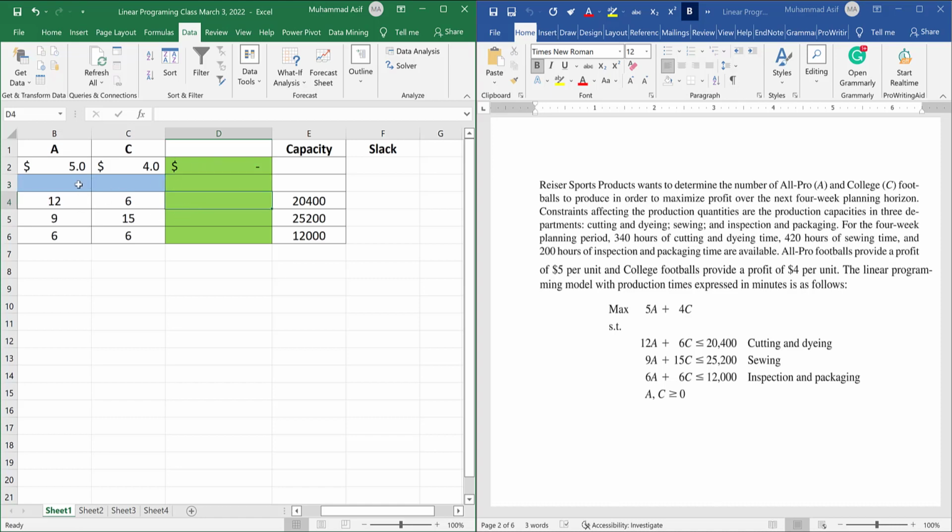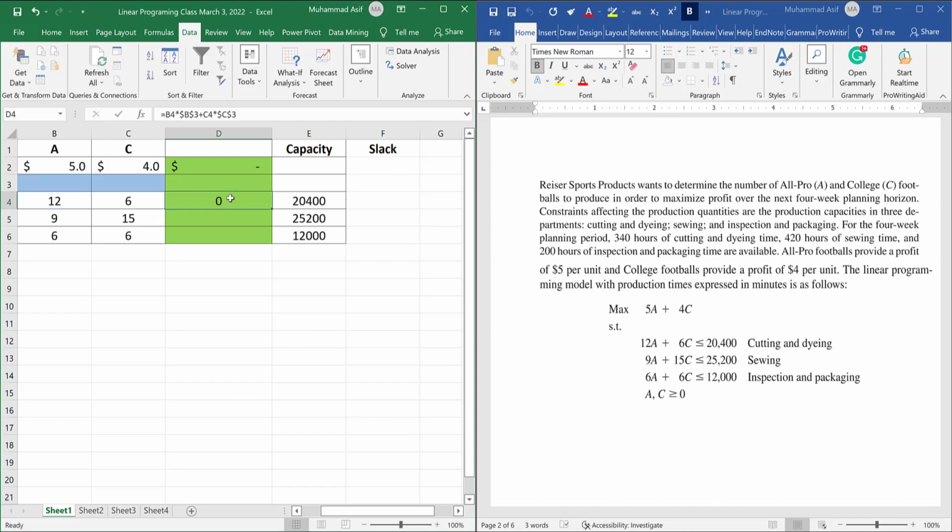Then in constraints, we enter a formula, and that formula is 12 minutes multiplied by the number of A football, and let's convert it into absolute value, plus 6 minutes in the cutting and dyeing department multiplied by the number of C football, and also convert it into absolute value.